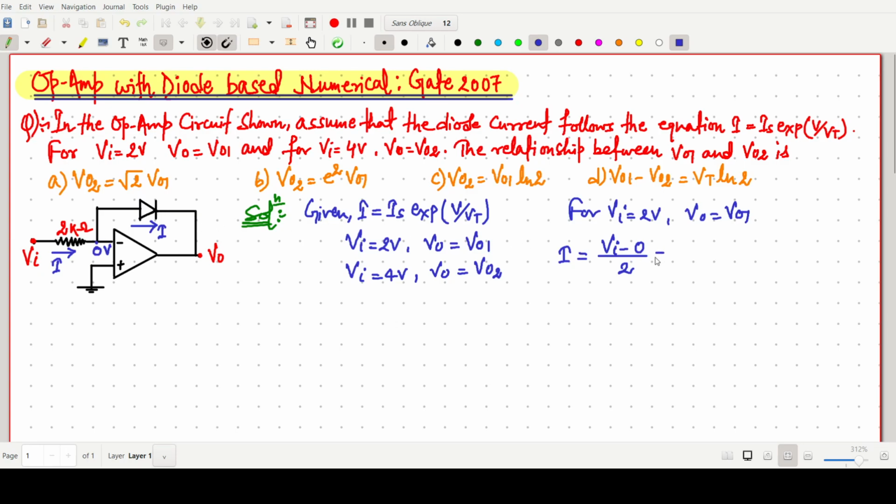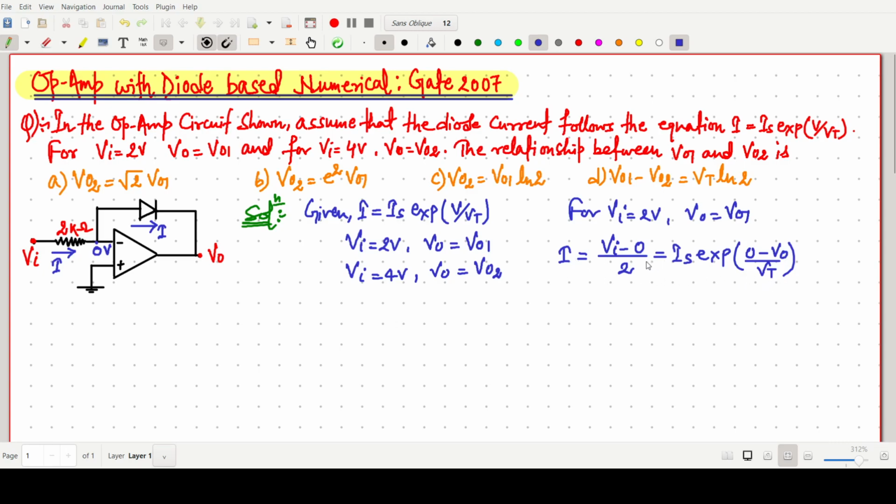So the diode current is the saturation current Is times exp of V by Vt, where this V is 0 minus V0. Basically, this is the voltage across this diode, Vd, so the voltage across this point should be 0 minus V0.